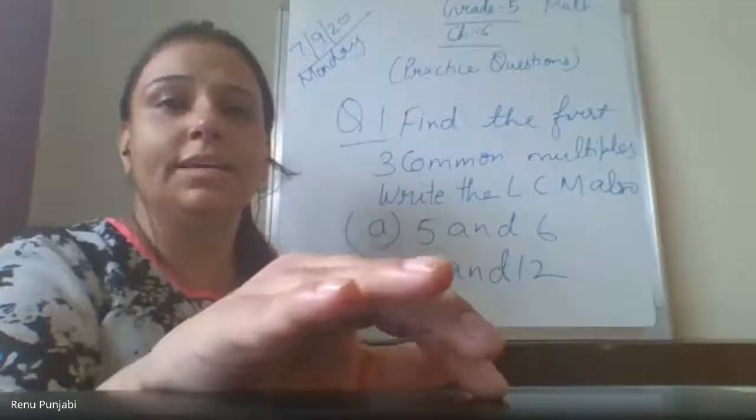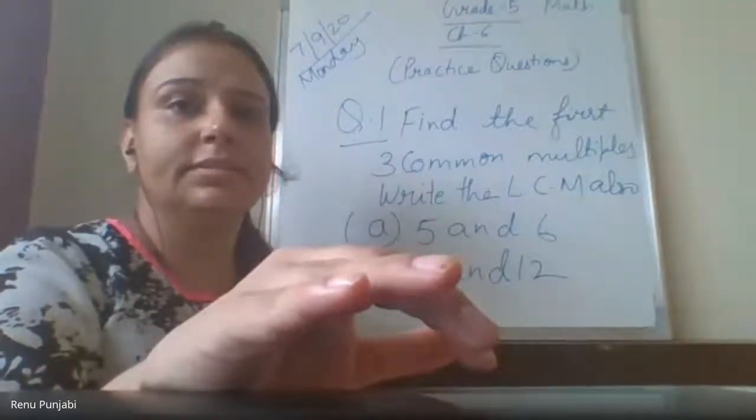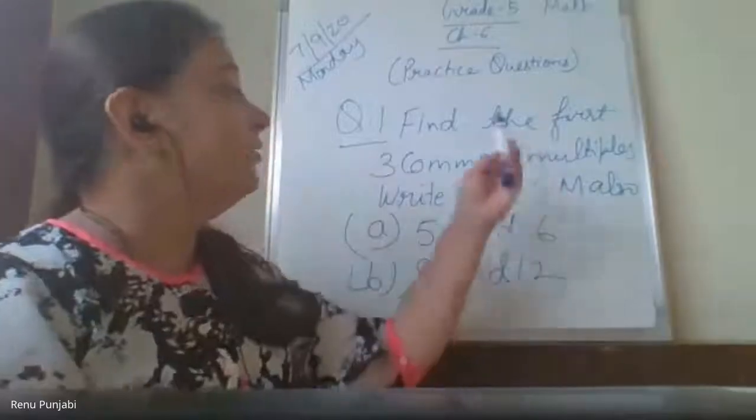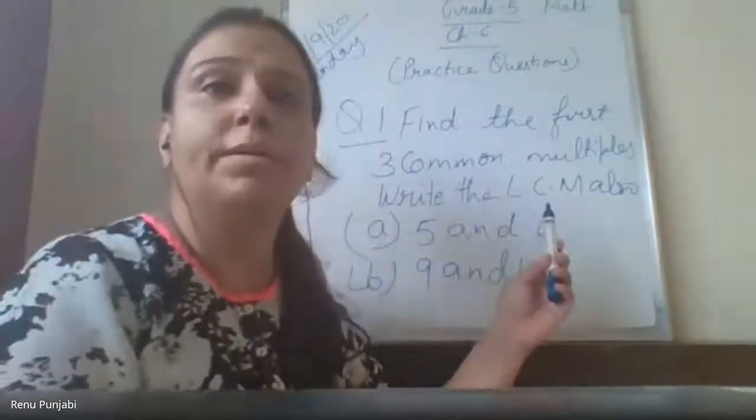Ma'am, till which number do we have to write the tables? Who is asking? Ma'am, me, Eva. Eva, what happened? Ma'am, we have to write the multiples, so till which number do we have to write the tables? You find the first three common multiples.